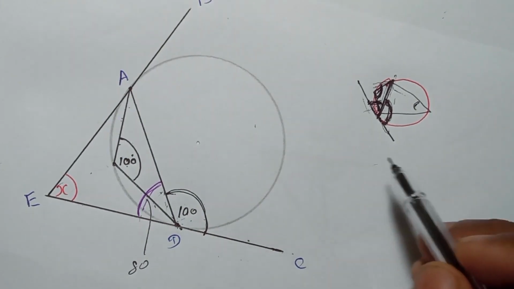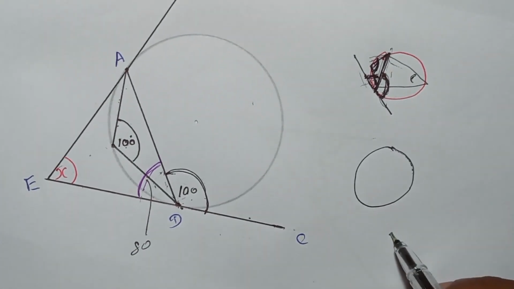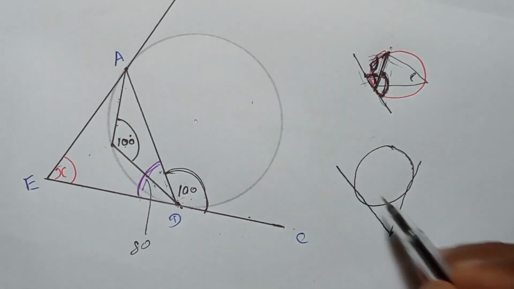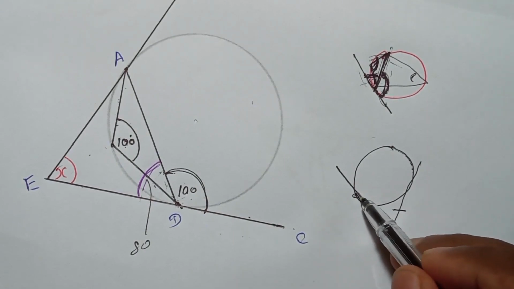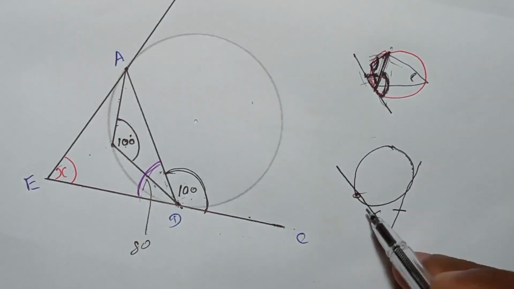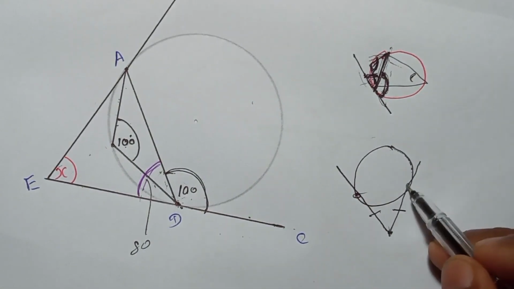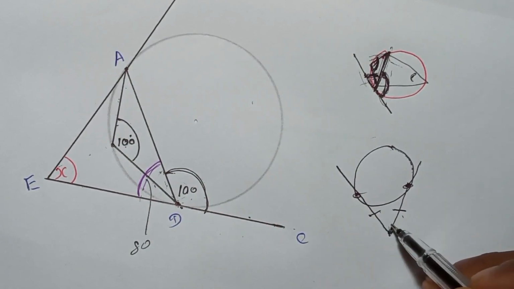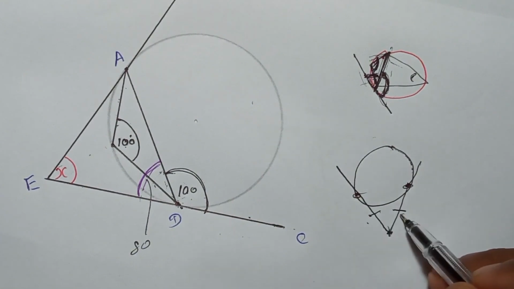We discussed in a previous question also that when you have a circle and from an external point you make two tangents like this, the lengths from the tangent points to the external point will be equal. That means from this external point to this tangent point, and the same from this external point to the other tangent point, these two will be equal, right?